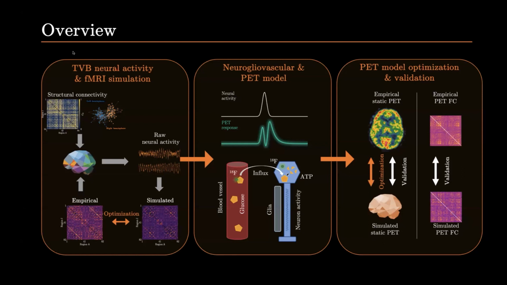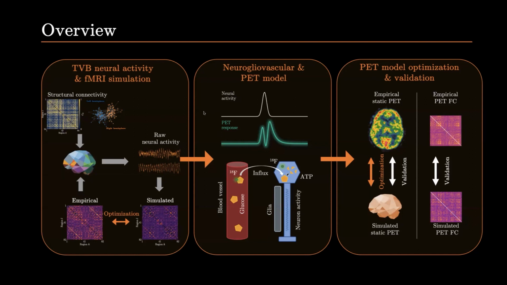So welcome back. I will recap where we are. We are trying to develop a model which captures PET signals of empirical data. And there are 3 blocks in the whole pipeline. The first one is the TVB simulation, which creates raw neural activity and bold signals, which are tuned to resemble empirical data.